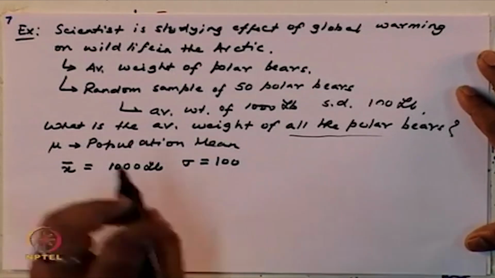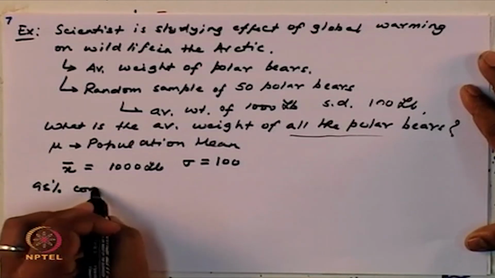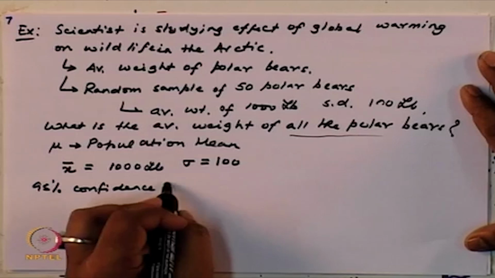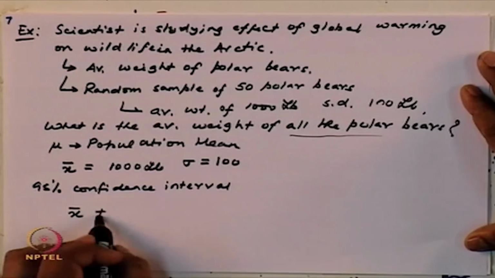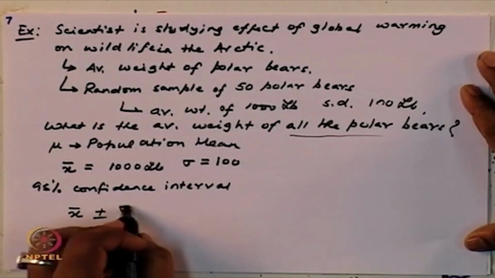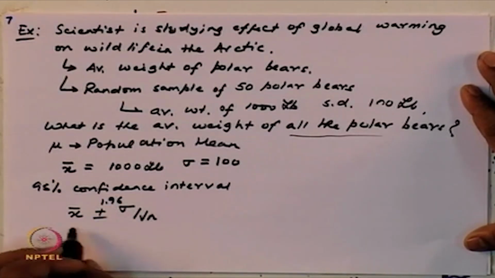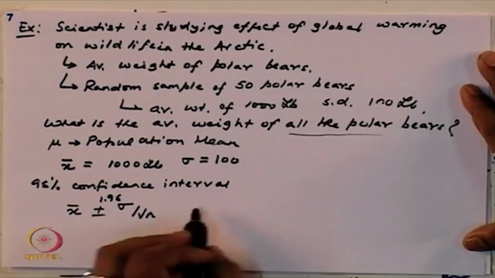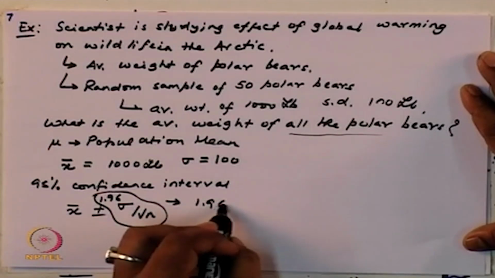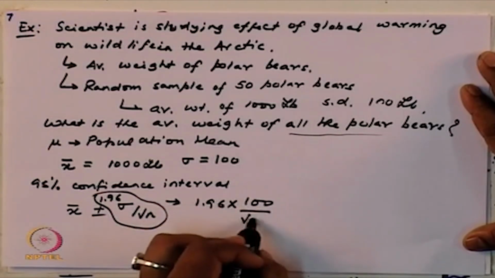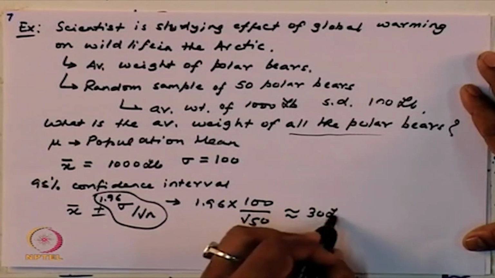So, for creating the 95% confidence interval, I want x bar plus minus 1.96 times sigma by root n. This term will come out to be 1.96 into 100 by root of 50, which, if you calculate, comes to roughly around 30 pounds.